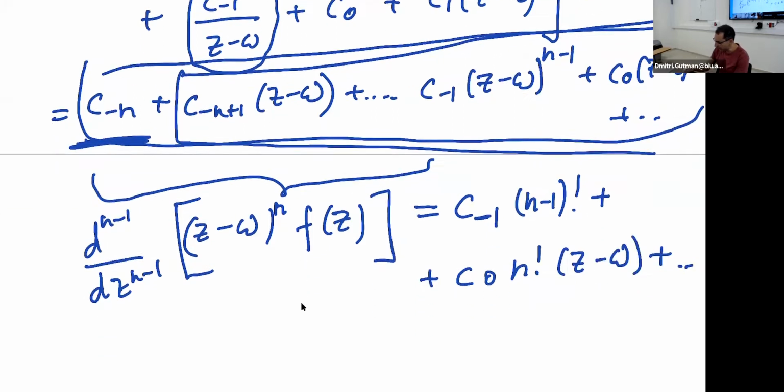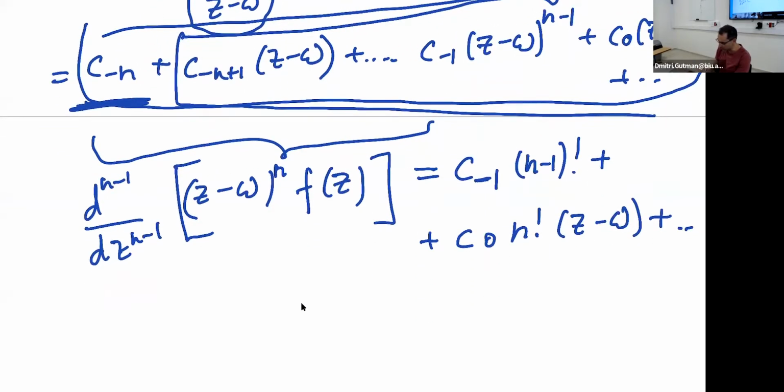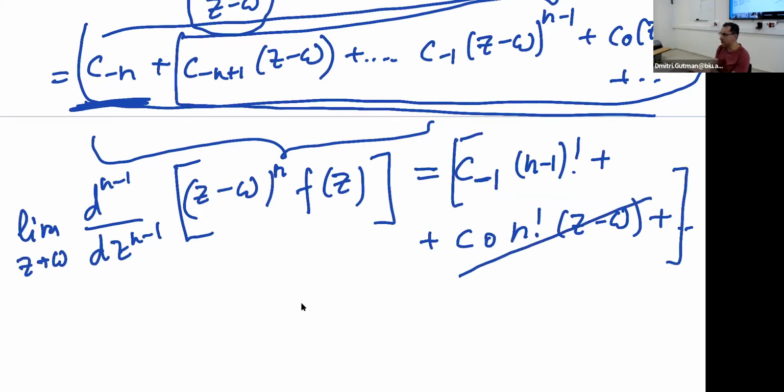So if I take a limit z approaches w now, all terms lower than c minus 1 die because of the derivative, and all terms higher than c minus 1 die because they have positive powers of z minus w.